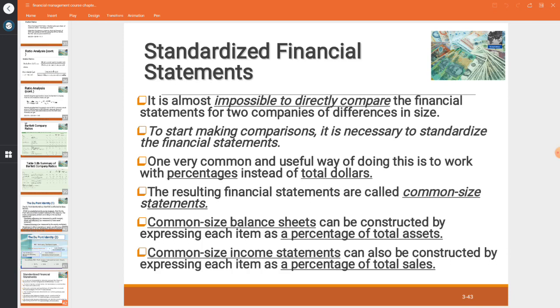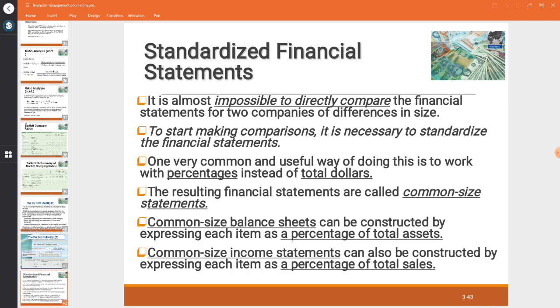A comparison between big and small firms, or between two different firms using real values, is not logical in some situations. Therefore, we use this concept of standardization, and we aim to convert our financial statements from real values to standardized financial statements.